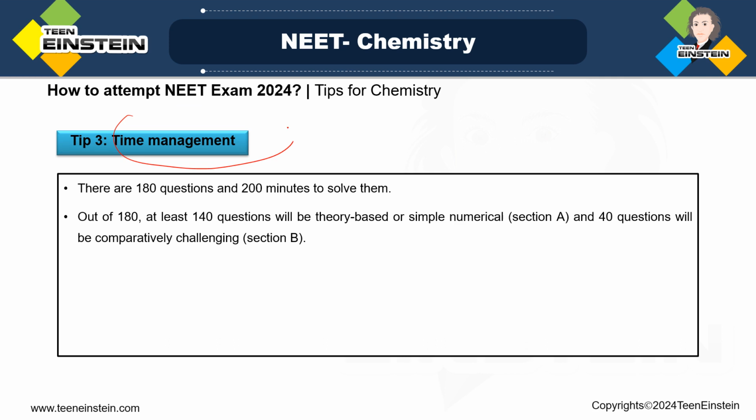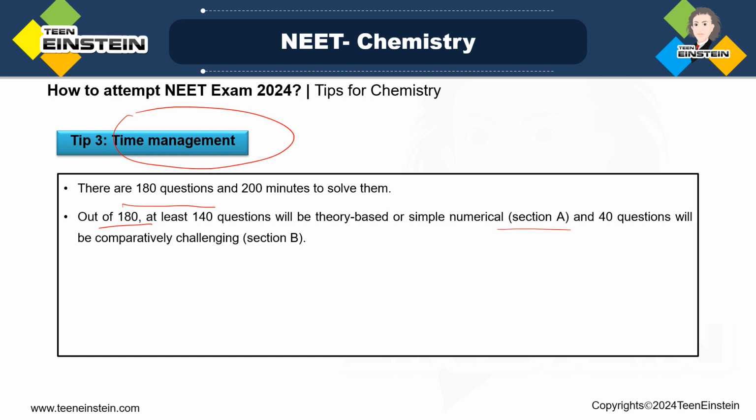Time management. There will be 180 questions, right? And 200 minutes to solve them. Out of 180 questions, at least 140 will be theory based or simple numerical, and that is from section A. I am saying this based on the overall 180 questions.